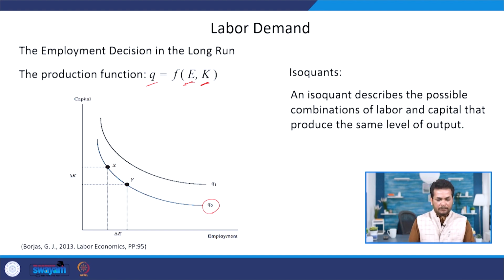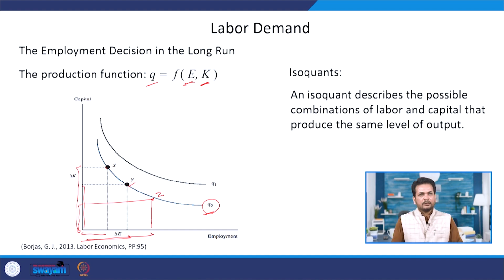At point x, the firm can employ this much capital and this much labor to produce Q0. The firm can operate at point y, employing this much capital and this much labor. The firm can go for the combination at point z, employing this much capital and this much labor.